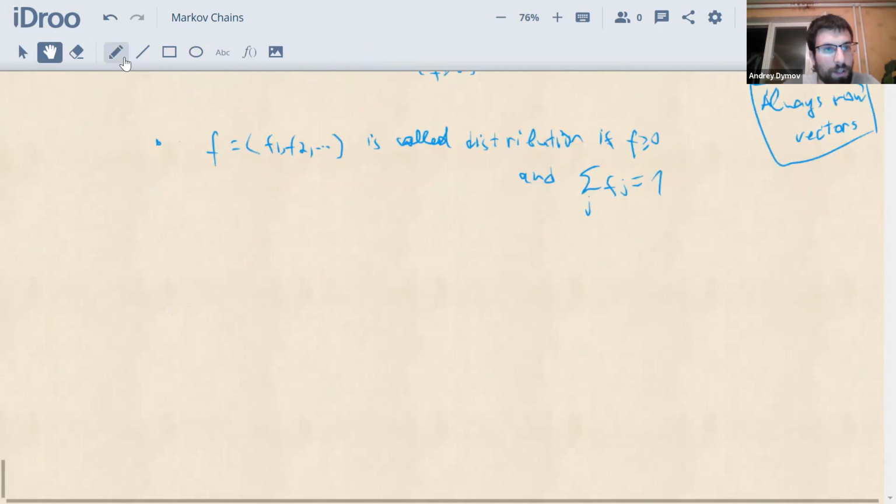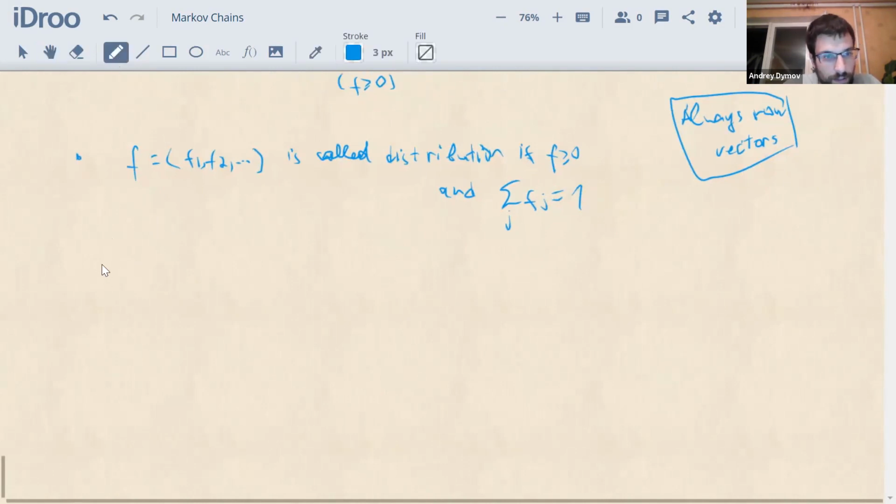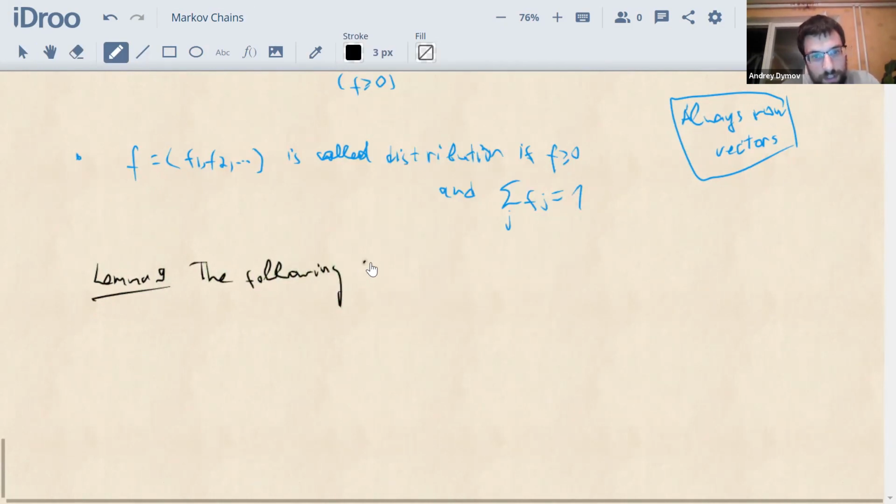So, lemma. This is lemma number 8. The following 3 assertions are equivalent.